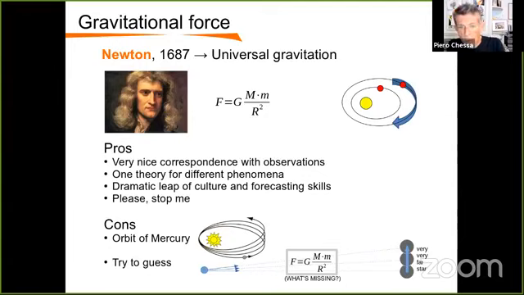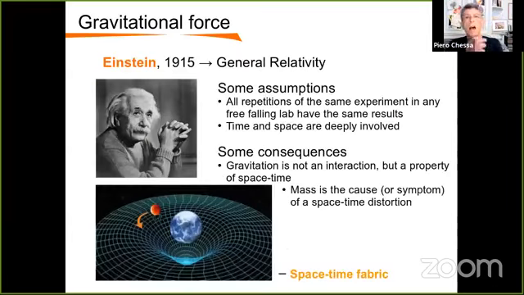The man who took the challenge to explain things is Albert Einstein, who published in 1915 his general relativity theory. It started from some assumptions. The first one is that all repetitions of the same experiment in any free-falling lab have the same results.